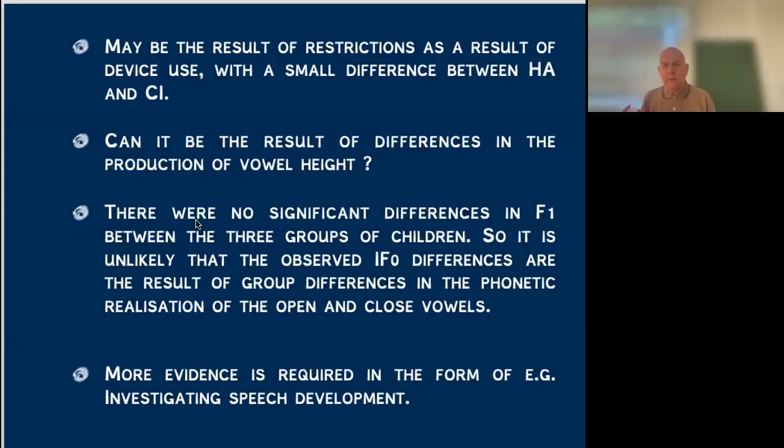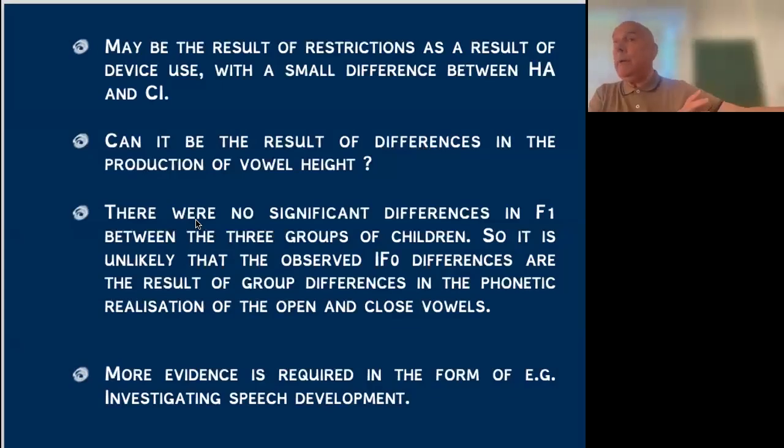So we had a really proper look at this, and we can safely conclude, and we've published this elsewhere, that in terms of F1, that correlates with degree of opening, there are no significant differences between the three groups of children, in fact. And so they are very similar in vowel articulation in terms of degree of opening.